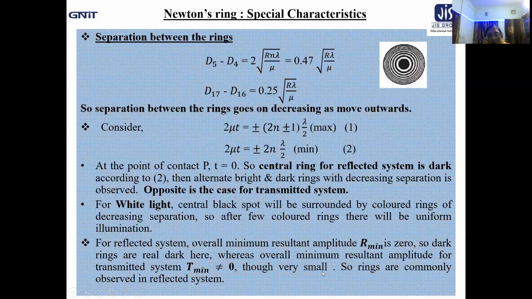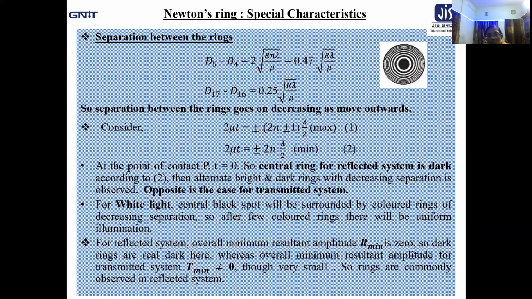So definitely the contrast for the reflected ring system is much better than the contrast for the transmitted system. So Newton's rings are most commonly observed in the reflected system. The contrast is much poorer in the transmitted system because the minima, though very small, are not exactly 0, whereas R minimum is 0. So these are very special characteristics of Newton's rings. I think you all understand.